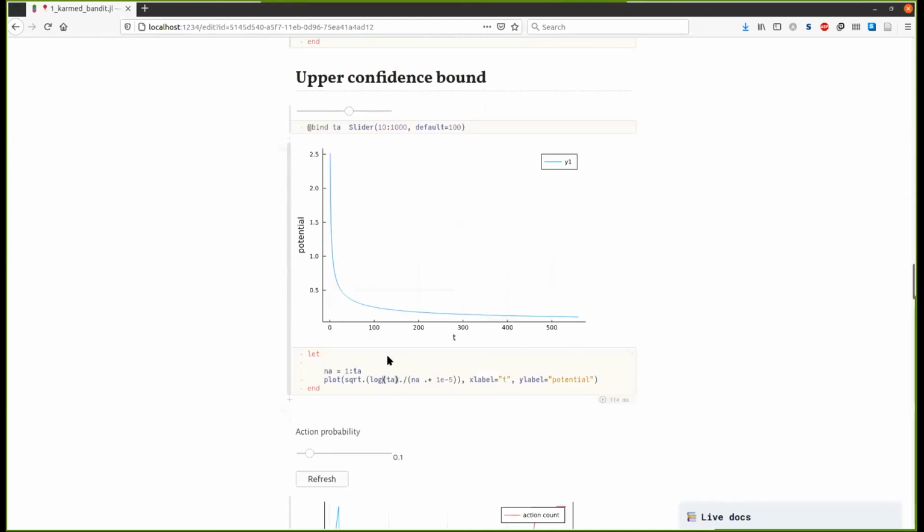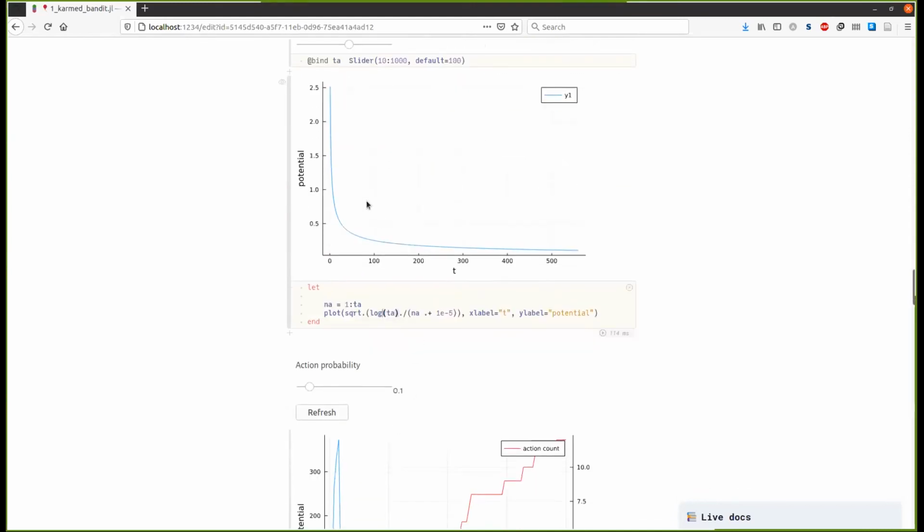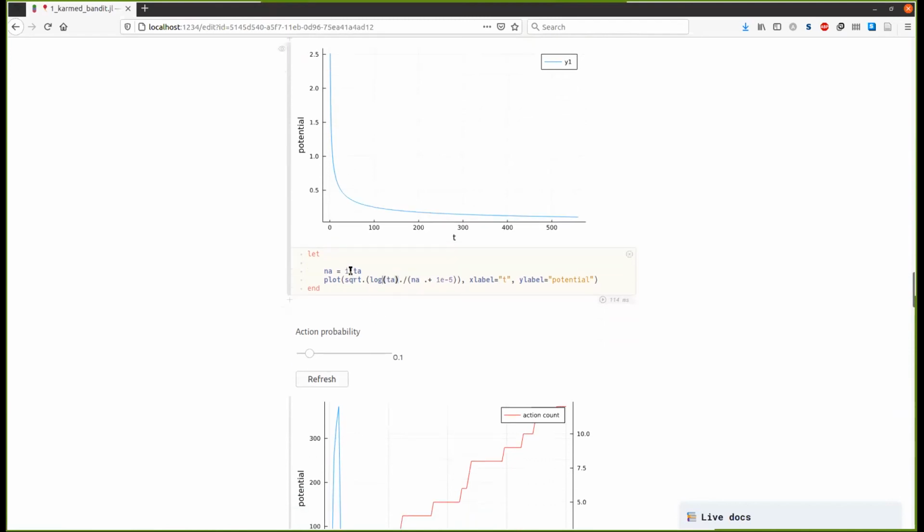Yeah, that's the value of the second term. If we start from 0, obviously we divide by 0 and it's super high, right?